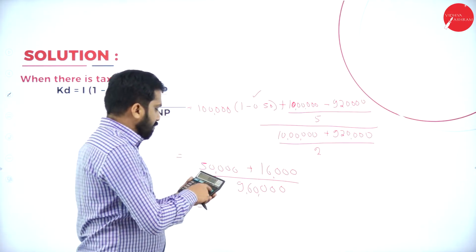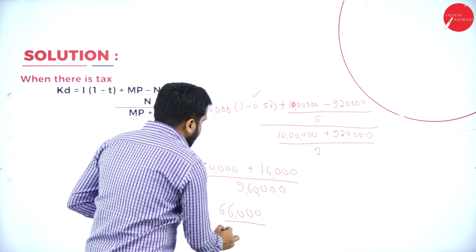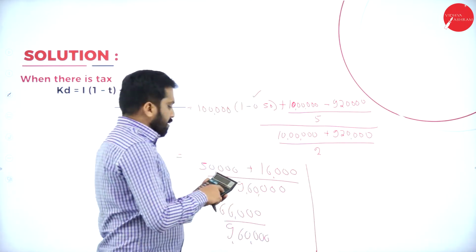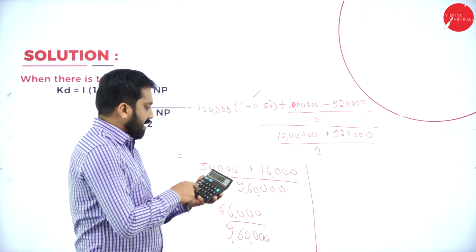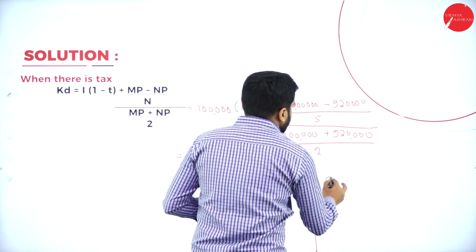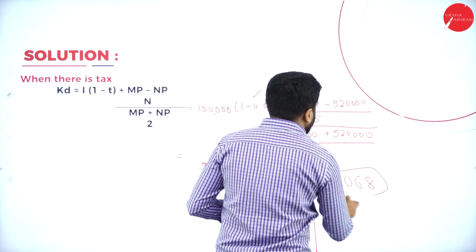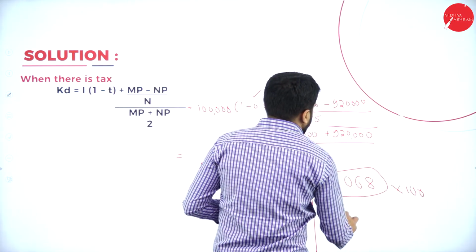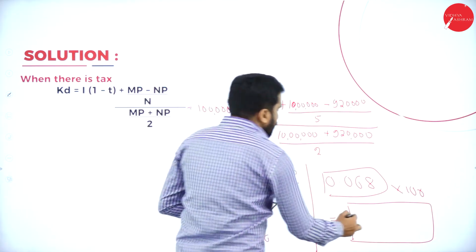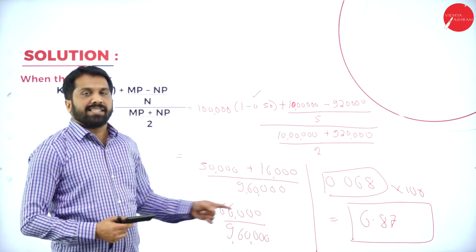The final answer will be 66,000 divided by 9,60,000. 66,000 divided by 9,60,000, you will get 0.0687. Multiply with 100. Your final answer is around 6.87. Hope you understood.